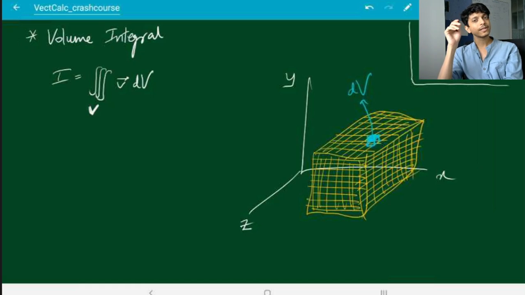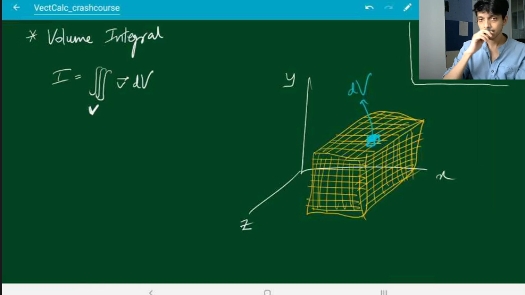That's one more reason why I'm not giving you very explicit examples or much of an intuitive feel of what is going on. Because I think those will come naturally when you study electromagnetism. When you see this in the context of an electric field, in the context of a magnetic field, that's when you will get a good physical understanding of what these integrals and these theorems mean. That's why I'm not bothering that much right now on giving you the nitty-gritty details of it.